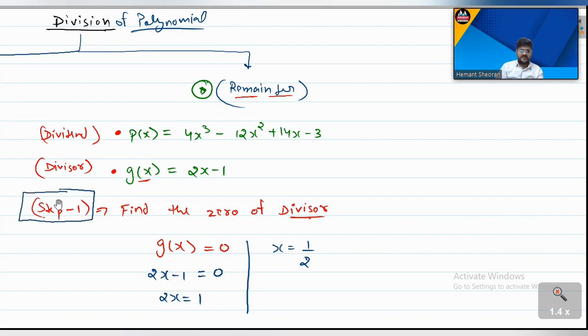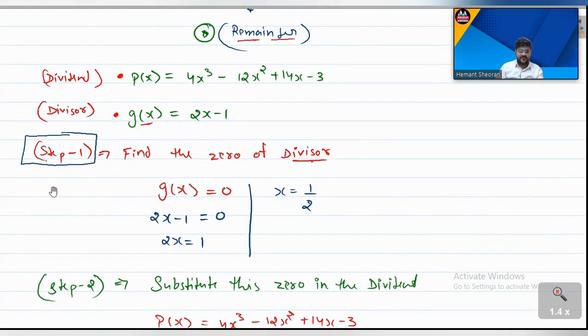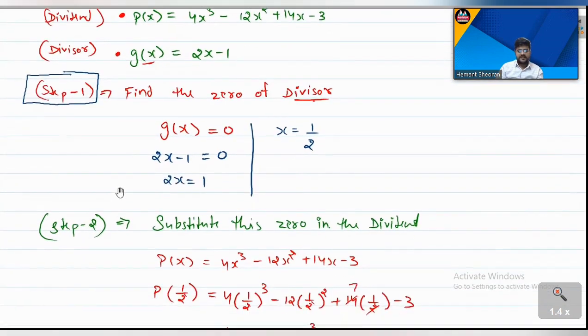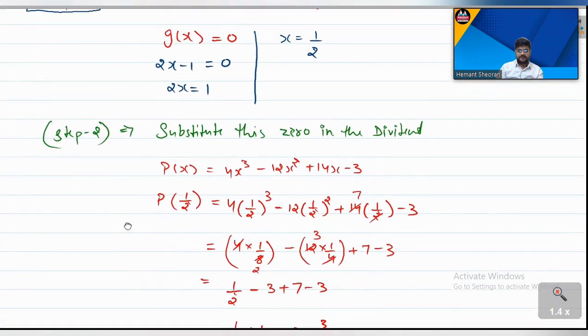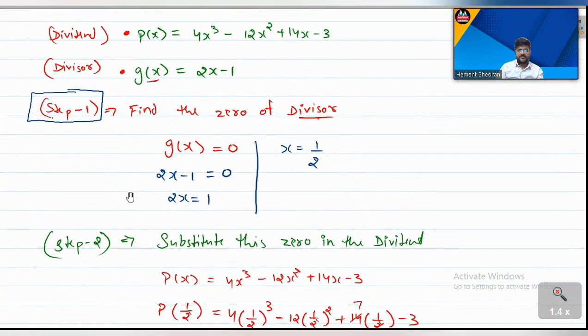And in step number 2, substitute that zero of the divisor into the dividend, and you will get your answer. That will be the remainder. Get it? Any confusion?